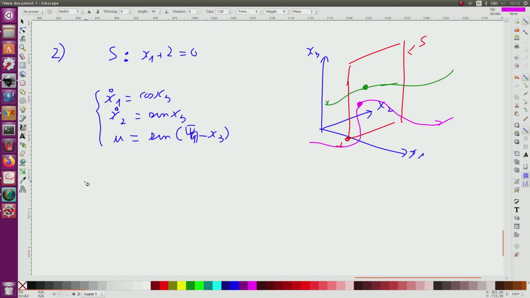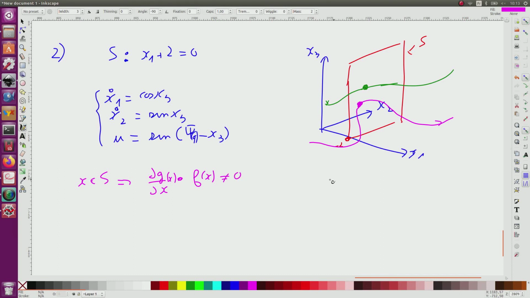So the condition that is given says that if x belongs to the surface, then the derivative of g with respect to x multiplied by f at point x should be different from 0.